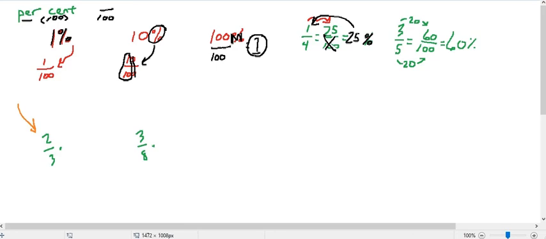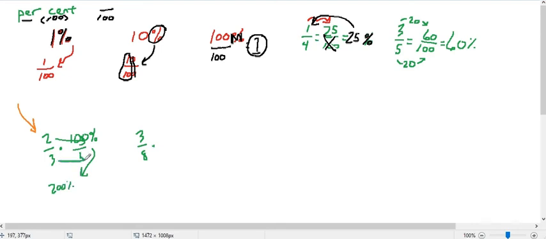But with 2/3, another way to think is to multiply by 100%, which is 100 over 1. So not equals per 100, but times 100%. And what does that equal? 2 times 100 is 200%.